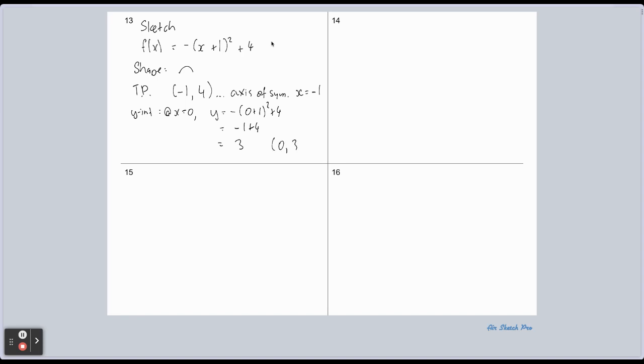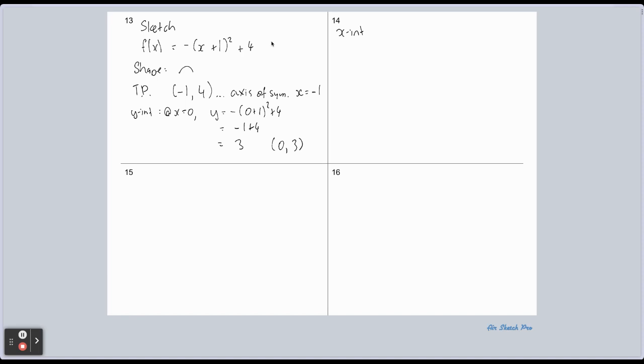So that's the coordinate 0, 3. I like to write coordinates in brackets so that I'm aware that these are coordinates that I'm writing down and not just numbers.